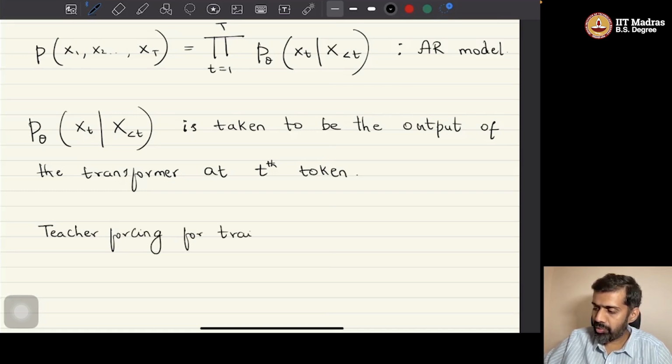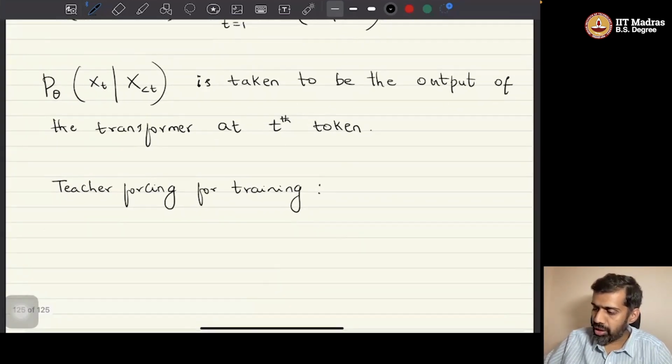For training, here is the idea. The input tokens are taken to be from x1, x2 till xT minus 1.